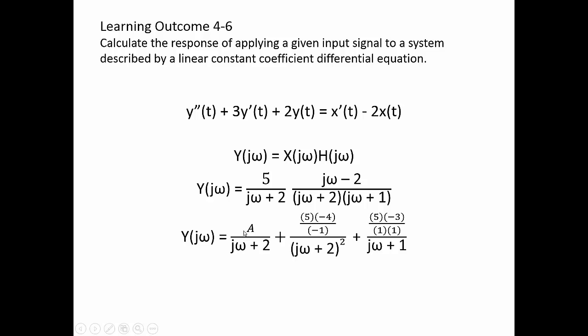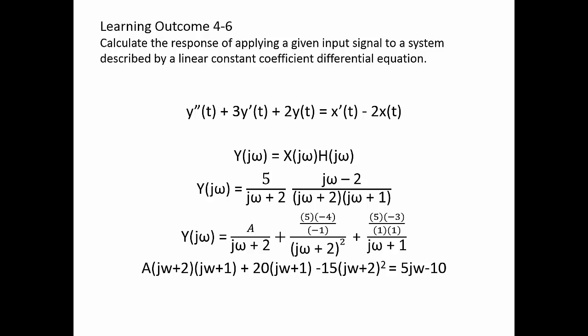So what we're going to do for that, again review the partial fractions video, is we're going to get a common denominator for these three terms, which will be the same common denominator we have in the previous line. So this a needs to be multiplied by another j omega plus 2 and a j omega plus 1.